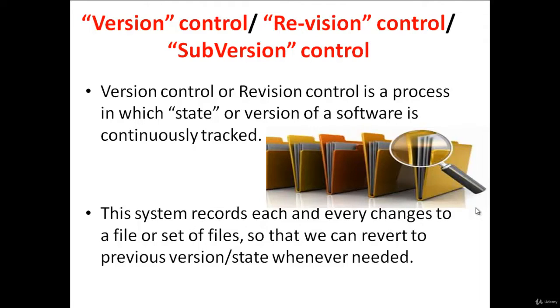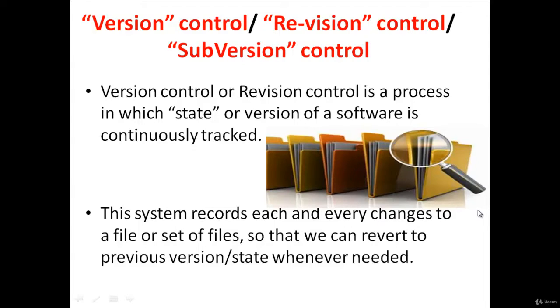This system records each and every change to a file or set of files that we make during development, so that we can anytime revert back to the previous version or previous state of the code whenever there is a requirement. Even a single change to our code will be tracked by the version control tool, right?